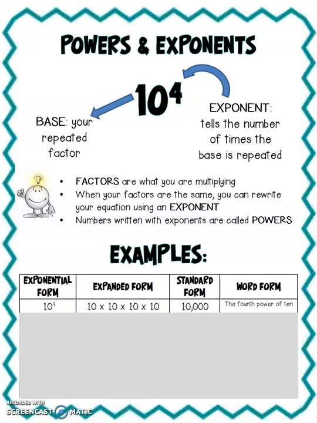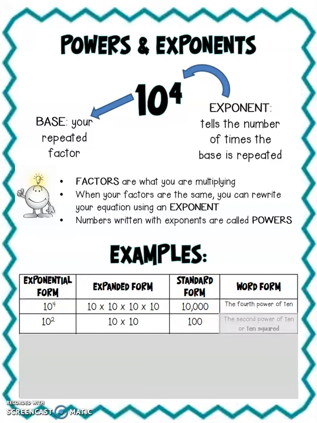Let's take a look at another one. This time I have 10 to the second, a base of 10 and an exponent of 2. The base of 10 tells me that my factor that I'm repeating is going to be 10, and the exponent of 2 tells me I'm going to repeat it twice. In other words, I have 10 times 10. 10 times 10 is equal to 100, so the standard form value of that is 100.